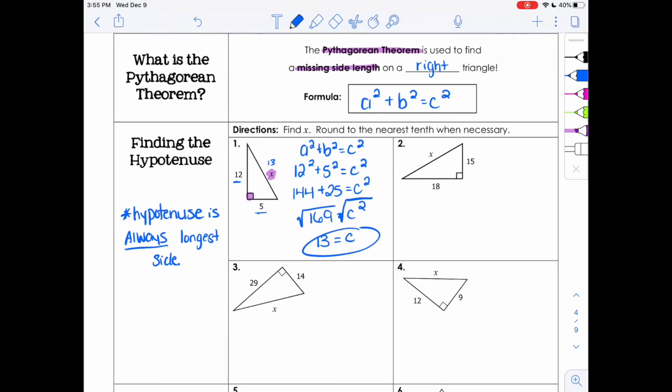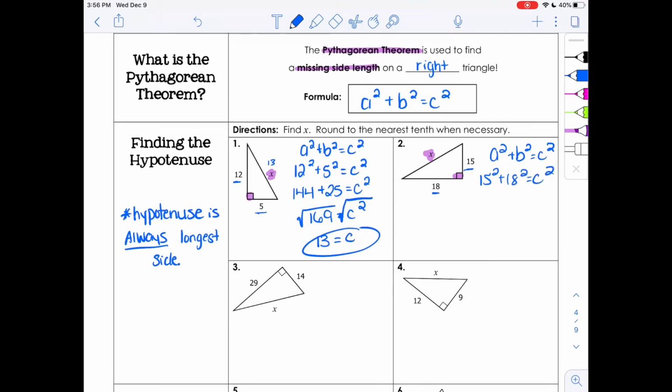Number 2, again, I'm dealing with a right triangle and I have a missing side. So I can use a squared plus b squared equals c squared. I'm given a and b, my two legs, so 15 squared plus 18 squared equals c squared.